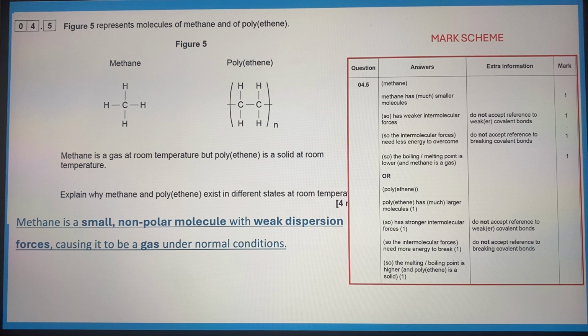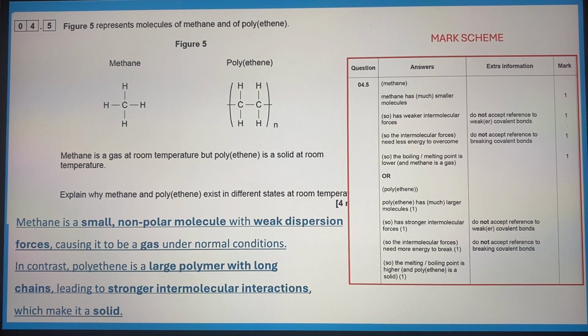In contrast, polyethene is a large polymer with long chains, leading to stronger intermolecular interactions, which make it a solid. This aligns with the marking scheme's focus on larger molecules, stronger forces, and higher boiling and melting points. By covering these key points, our answer meets all the marking criteria and ensures full marks.